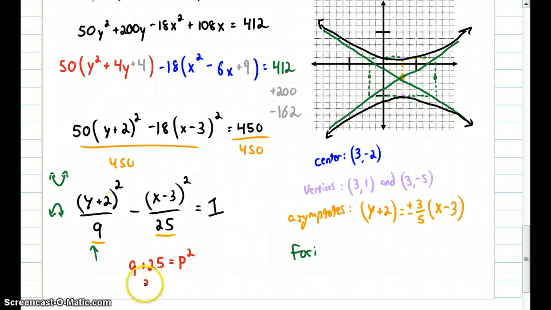That's the focus squared, so 34 equals p squared, where p equals plus or minus the square root of 34, which is almost 6. So I will go up almost 6, 3, 4, 5, 6, a little bit less, down almost 6, 3, 4, 5, 6, and a little bit less. And there are the foci. If I want to write them out, I can say they're at, well, over 3, down 2, plus or minus the square root of 34.